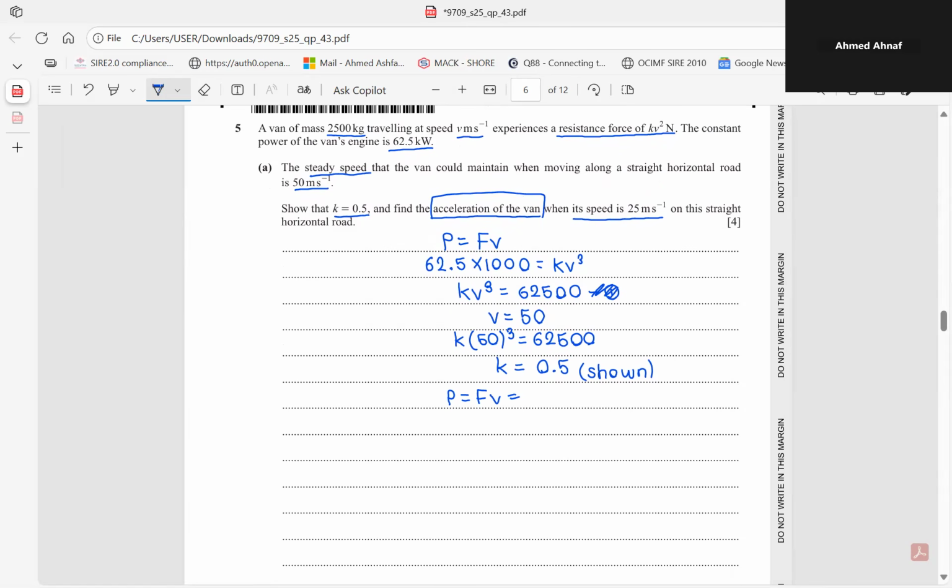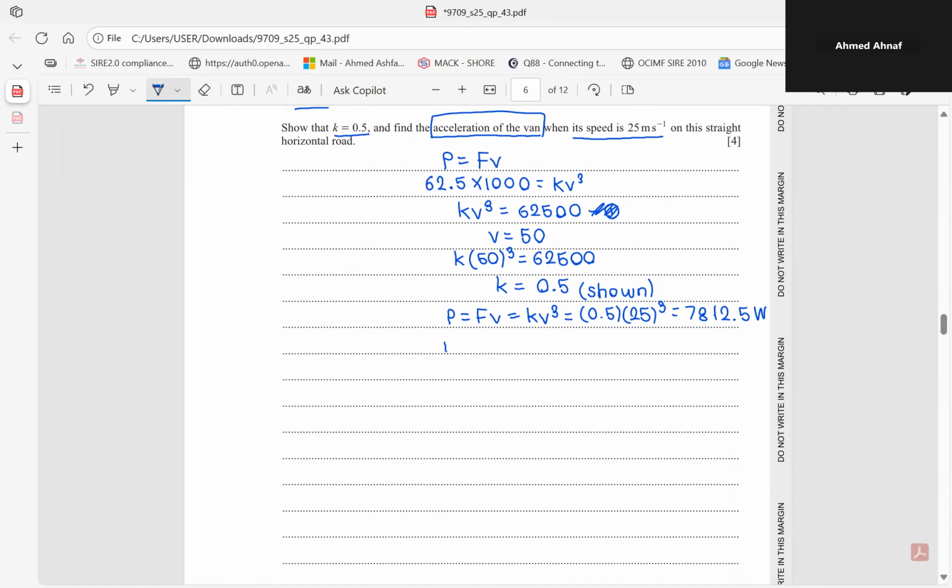I believe we have to use the v cubed formula again. So this one would just be 0.5 times 25 cubed. So that is 7,812.5 watts.